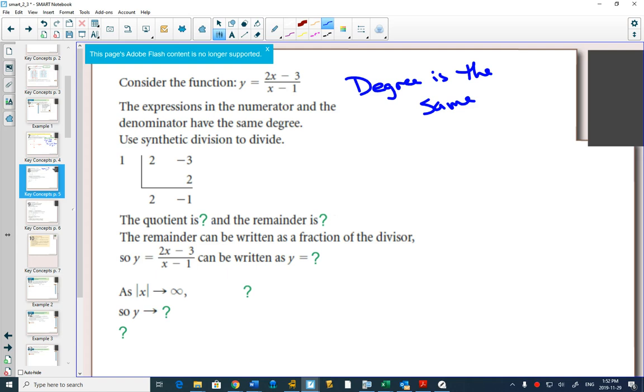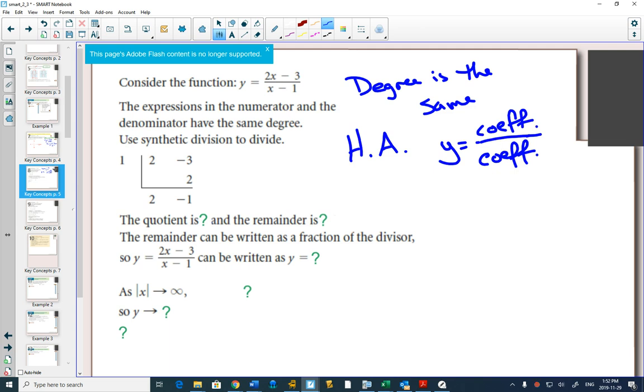Whenever the degree is the same, you will always have a horizontal asymptote at y equals the coefficient divided by the coefficient of whatever your highest degree is.